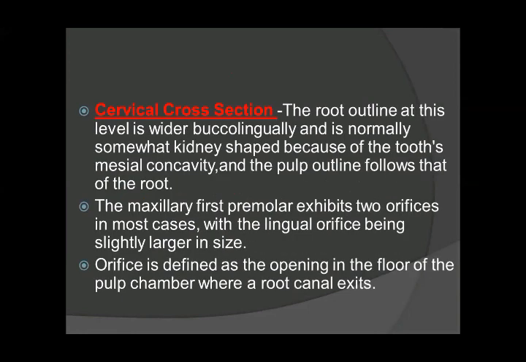Cervical cross section: the root outline at this level is wider buccolingually and normally somewhat kidney-shaped because of the tooth's mesial concavity, and the pulp outline follows the root. Maxillary first premolars exhibit two root orifices in most cases, with the lingual orifice being slightly larger in size.